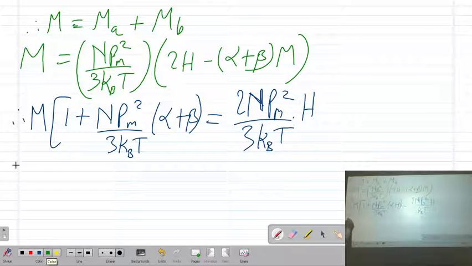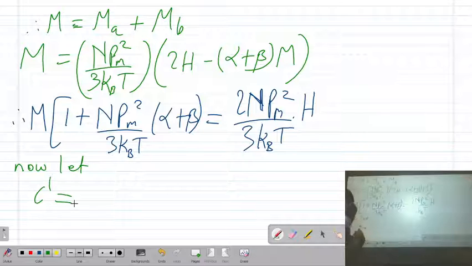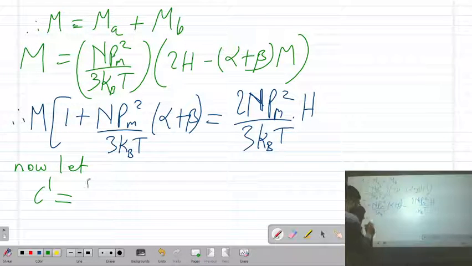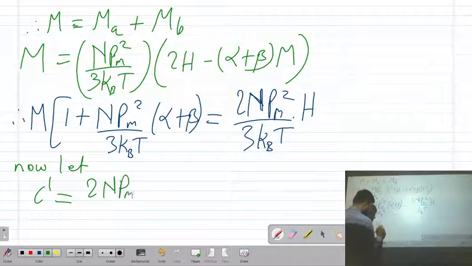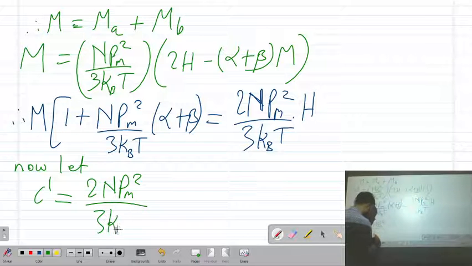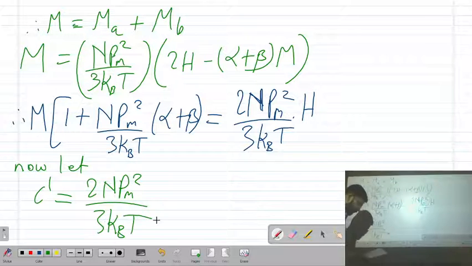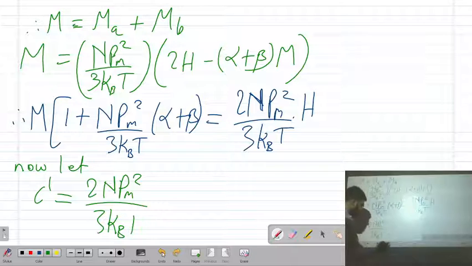Now let over here we have C dash is equals to 2N square by 3kB, and Tp is equals to N square by 3kB into alpha plus beta.